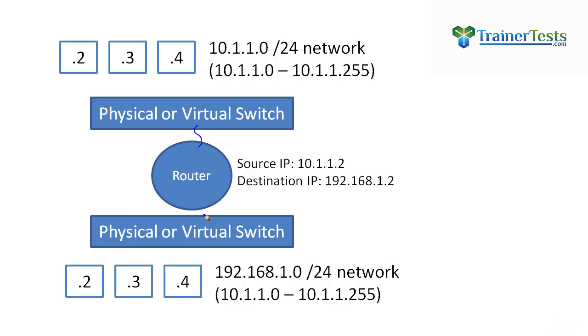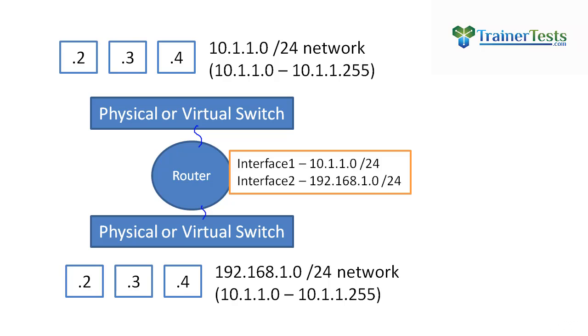Let's assume it has a direct connection to these two Ethernet switches. The router is always going to be aware of those directly connected networks. We'll configure IP addresses on those router interfaces, and it will automatically be aware of those directly connected networks, and it will build entries in its routing table to reflect those networks.